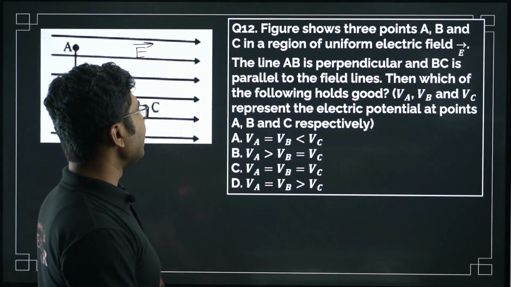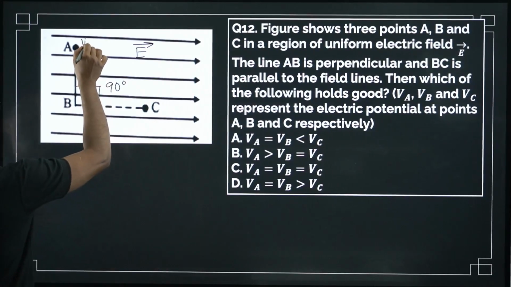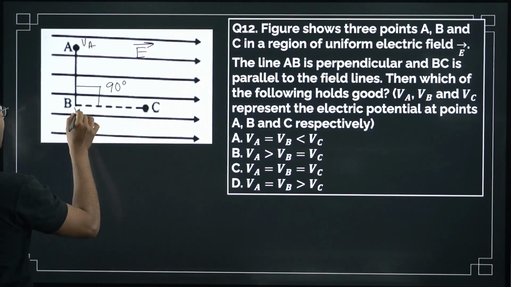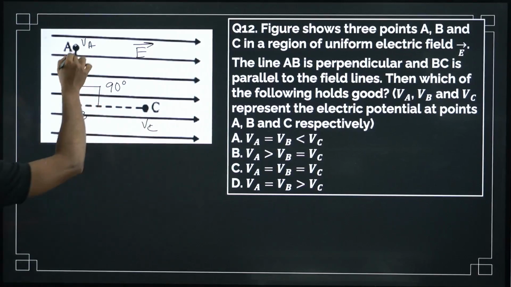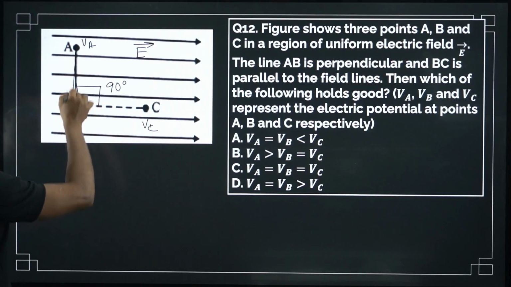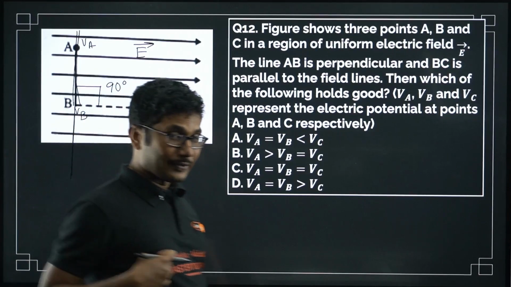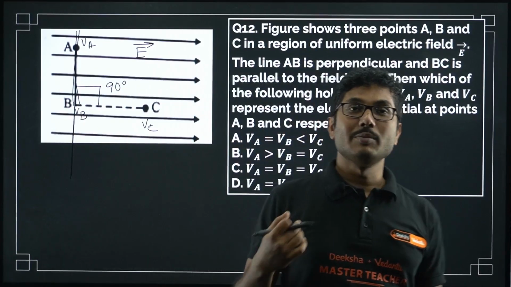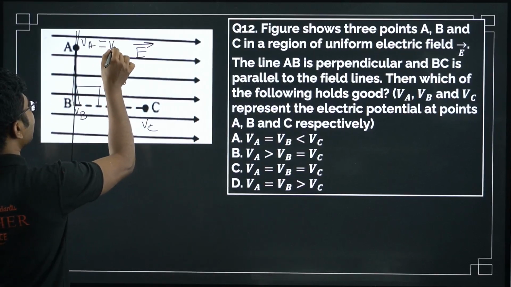VA, VB and VC represent the electric potential at these points. Now you see that AB is perpendicular to BC, which means AB is actually perpendicular to the electric field as well. So this represents an equipotential surface, and an equipotential surface means VA must be equal to VB.